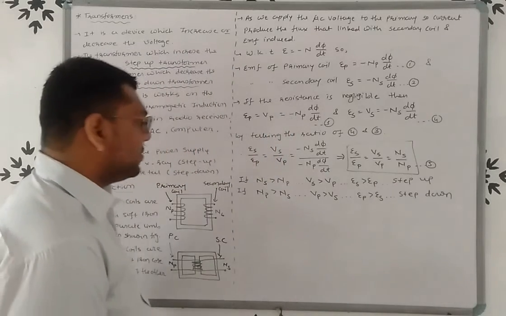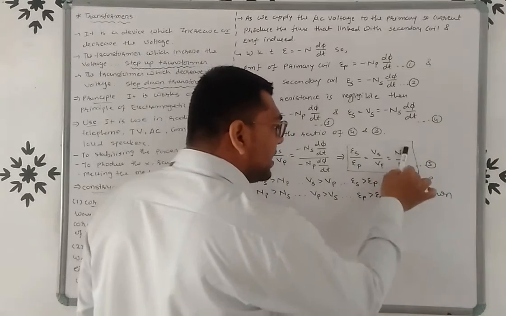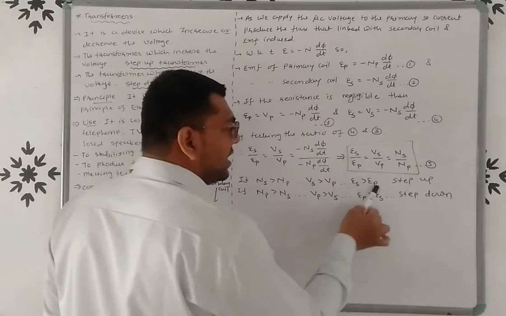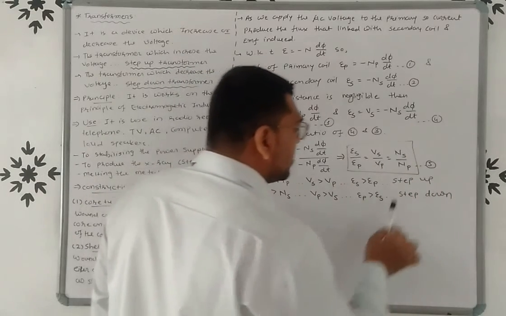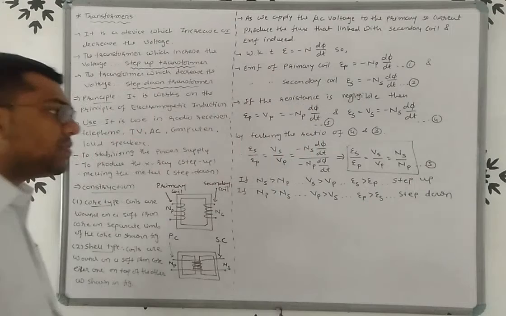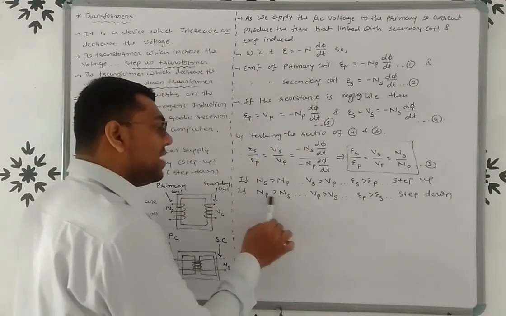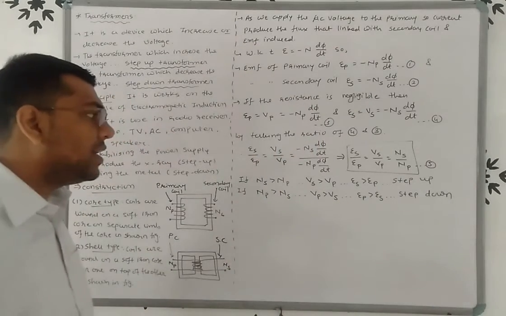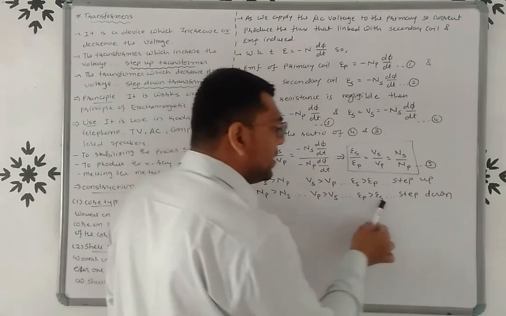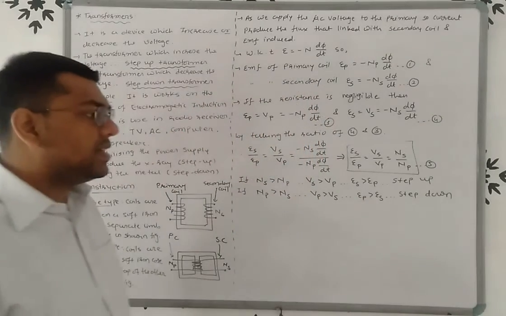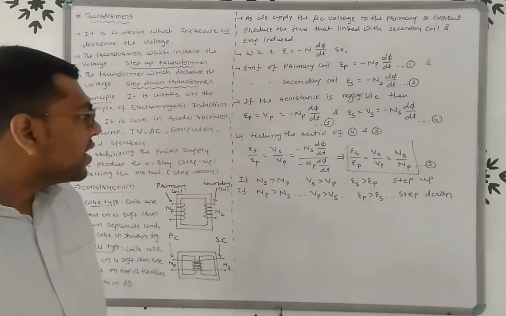So if NS is greater than NP, then from this equation VS is greater than VP or ES is greater than EP, so the voltage is stepped up. And if NP is greater than NS, then VP is greater than VS and EP is greater than ES, so the output decreases. That is known as a step down transformer, right?